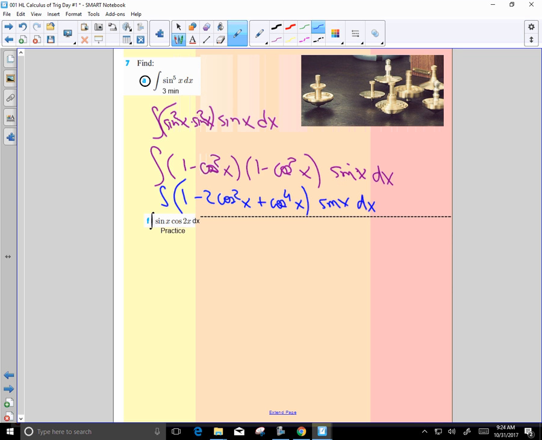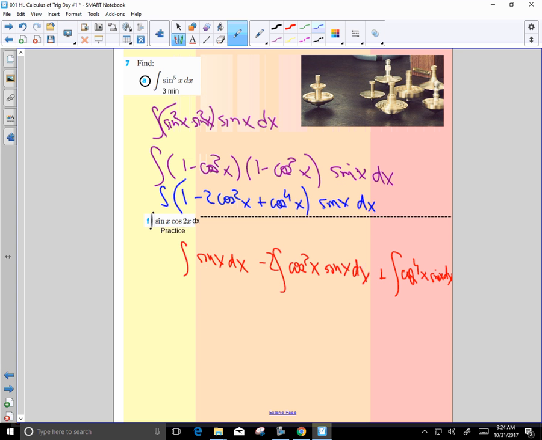And then is it okay splitting these up? 1 times sine x dx, minus 2 cosine squared x sine x dx, plus integral of cosine to the fourth x sine x dx.